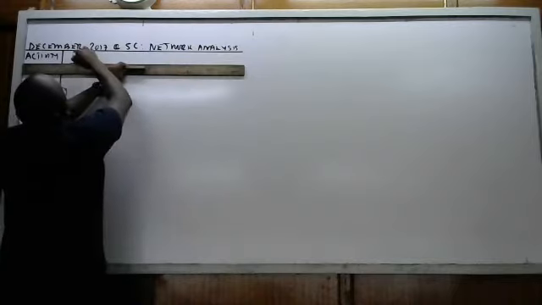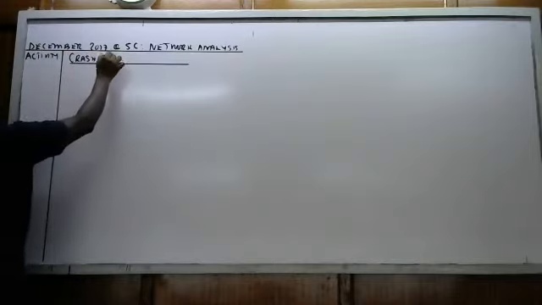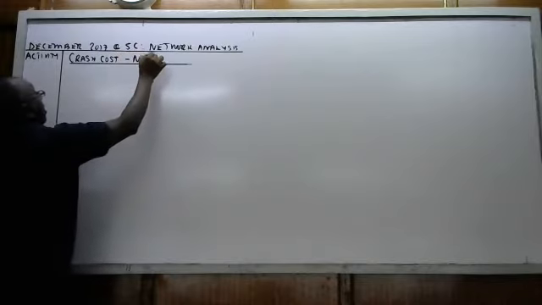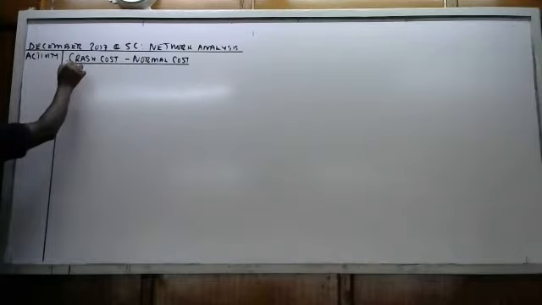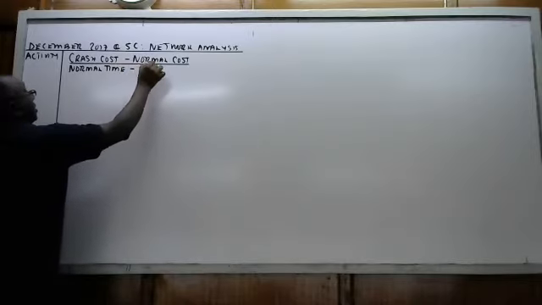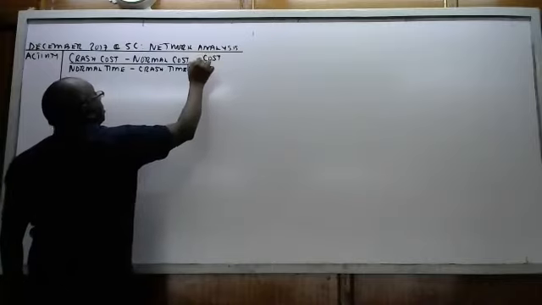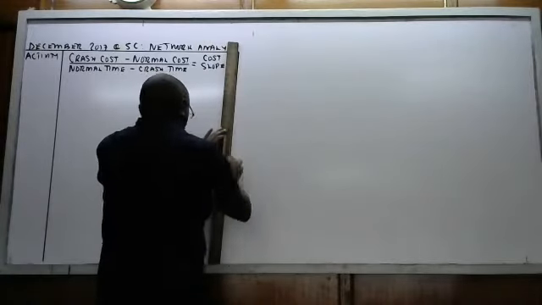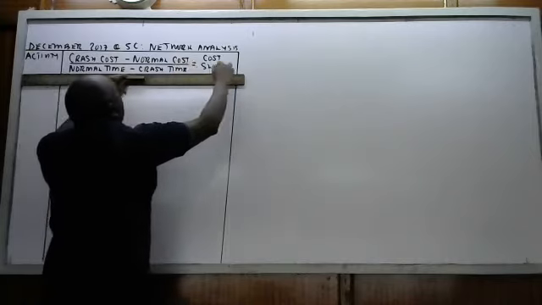And we have crash costs minus normal costs, divided by normal time minus crash time, gives you something known as cost slope. So you draw a table like that.